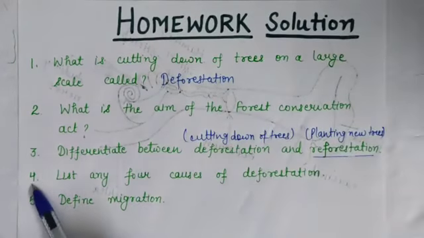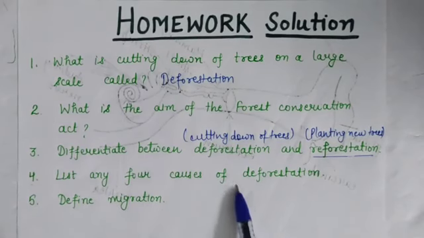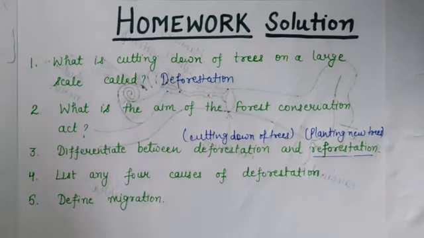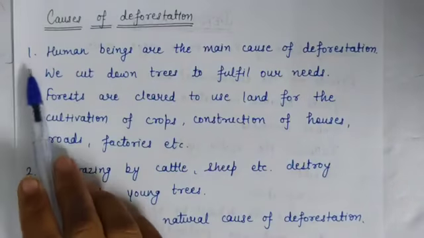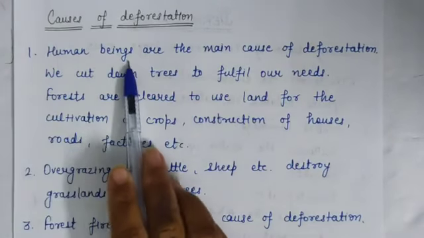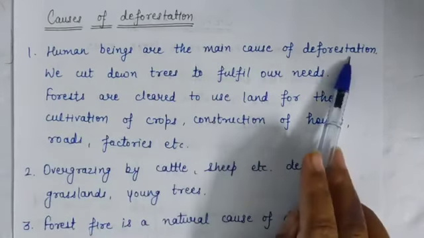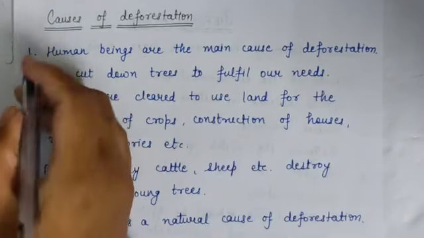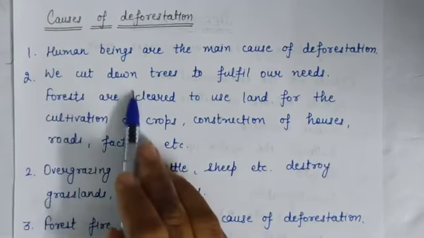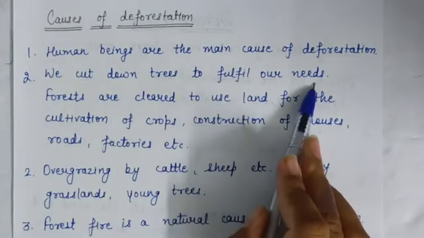Now question number 4, list any 4 causes of deforestation. First, human beings are the main cause of deforestation. Second, we cut down trees to fulfill our needs.